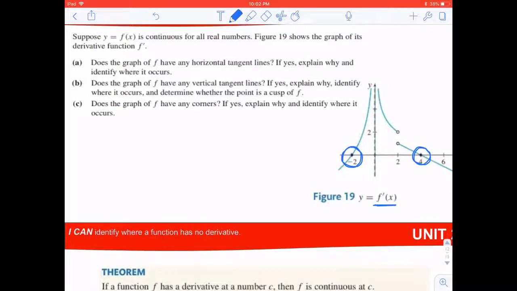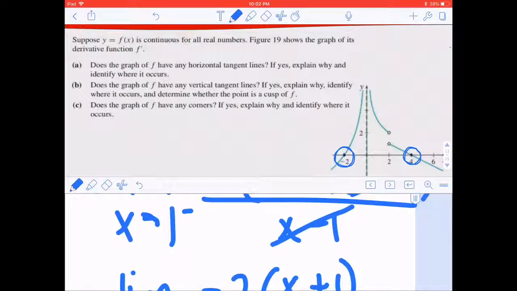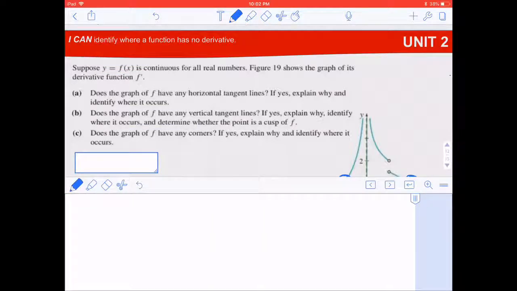So yes, our function, or our graph f, has a horizontal tangent.